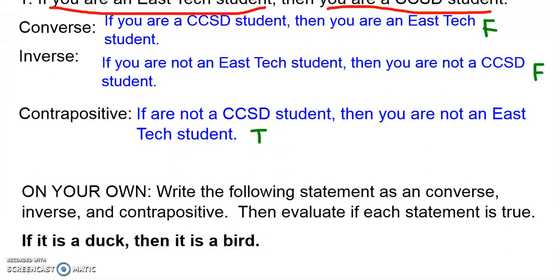If we underline our P and Q, it is a duck is our P, and it is a bird is our Q. These are going to be the parts that we're rearranging when we write our converse, inverse, and contrapositive. And make sure you label them because we're going to be using these on the quiz, and so you'll know which is which when you're taking the quiz.